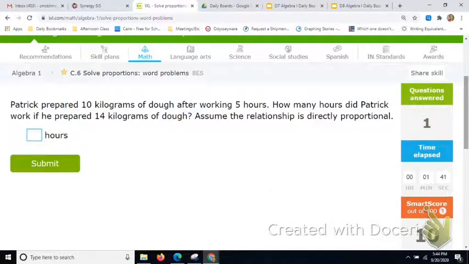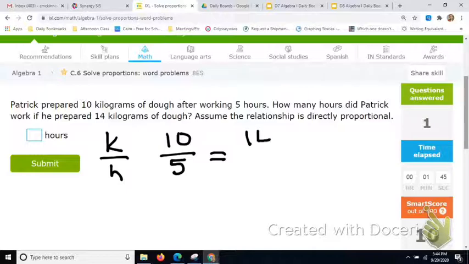So I've got kilograms and hours. So I like to write down, just like with a letter, what I'm doing. So, because you need to set it up the same way. You could put hours on top, kilograms on bottom. There's more than one way to set it up, but you need to be consistent. So if I start this side with kilograms on top, then here my kilograms are on top, and we don't know how many hours.